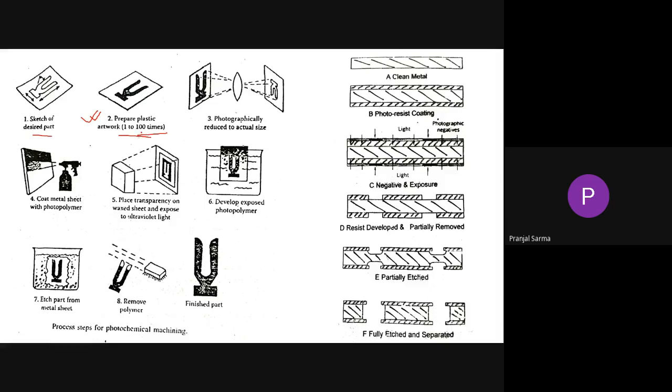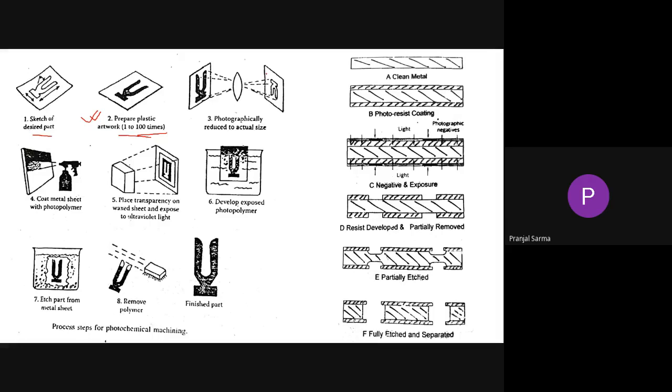Generally we produce more than the required amount, because sometimes, as these are photographic tools, some plastic artwork, as if you print the shape on plastic paper, something like that.